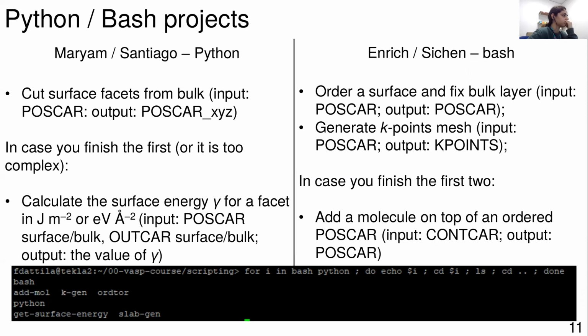You will need to make a script so that you get a surface of silver 111, so you are cutting it in the direction 111. The library is doing that, so you just need to check the library, understand the library, and use it. And of course, for that one, you need to use the library because otherwise it will be too complex. And also to decide how many layers you want.